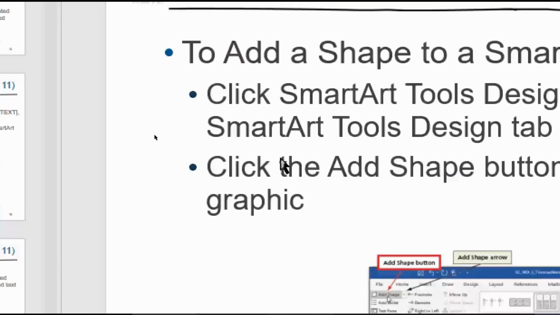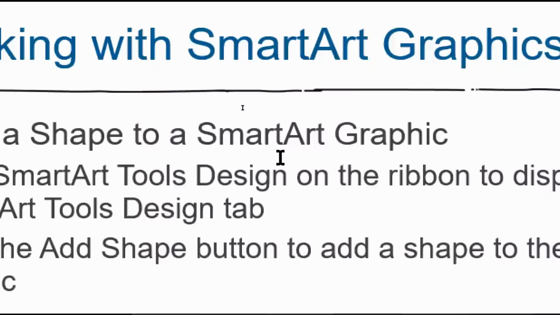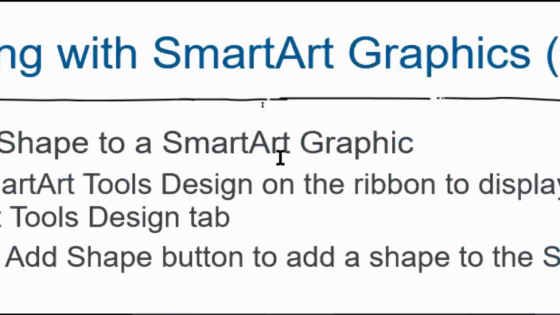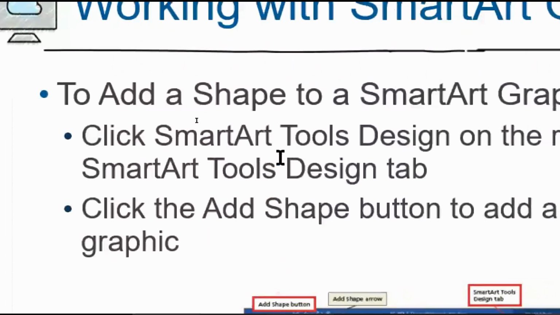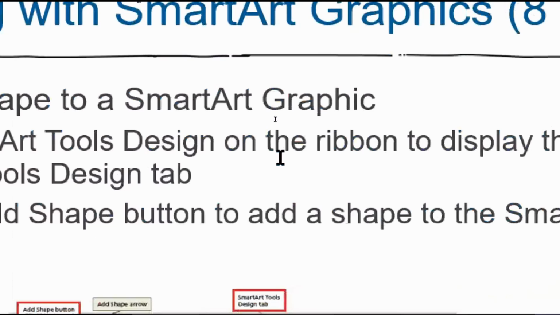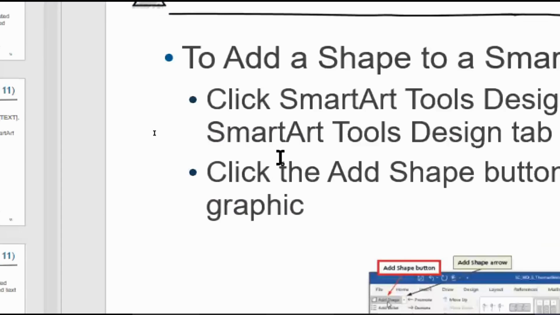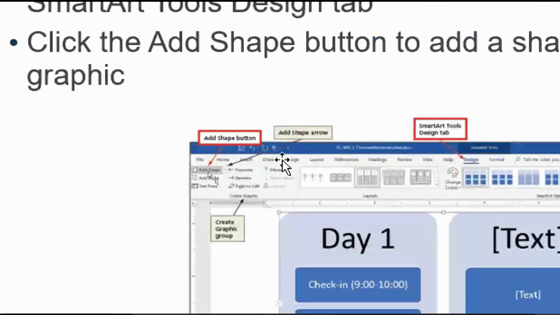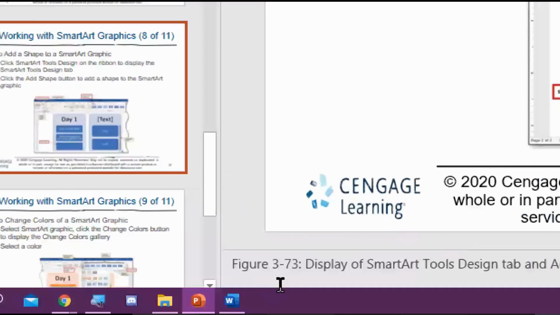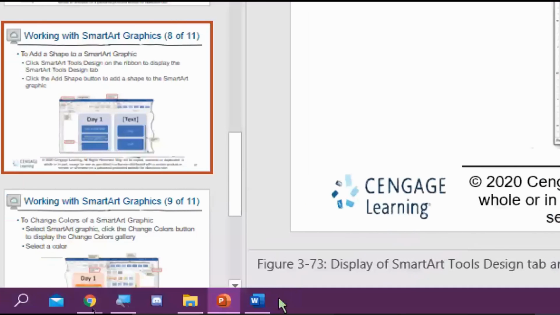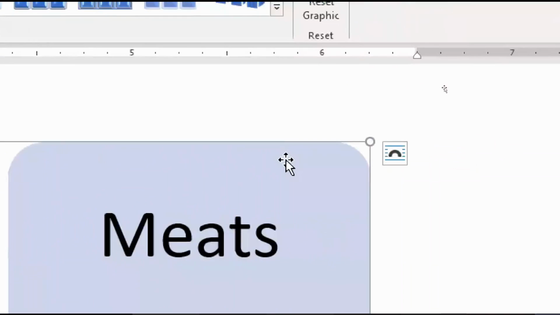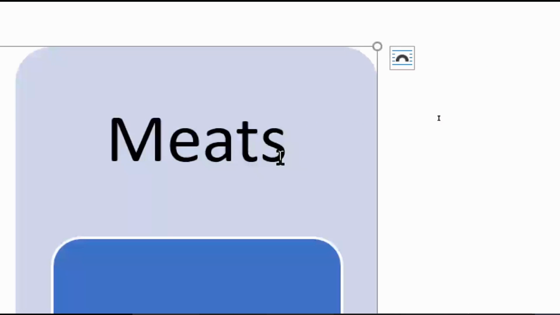To add a shape to a Smart Art group, click the Smart Art Tools Design tab on the ribbon to display the Smart Art Tools Design tab. Click the Add Shape button to add a shape to the Smart Art graphic. And depending on how you are positioned, if say you're positioned in the full image and you click this, it'll insert a new group.